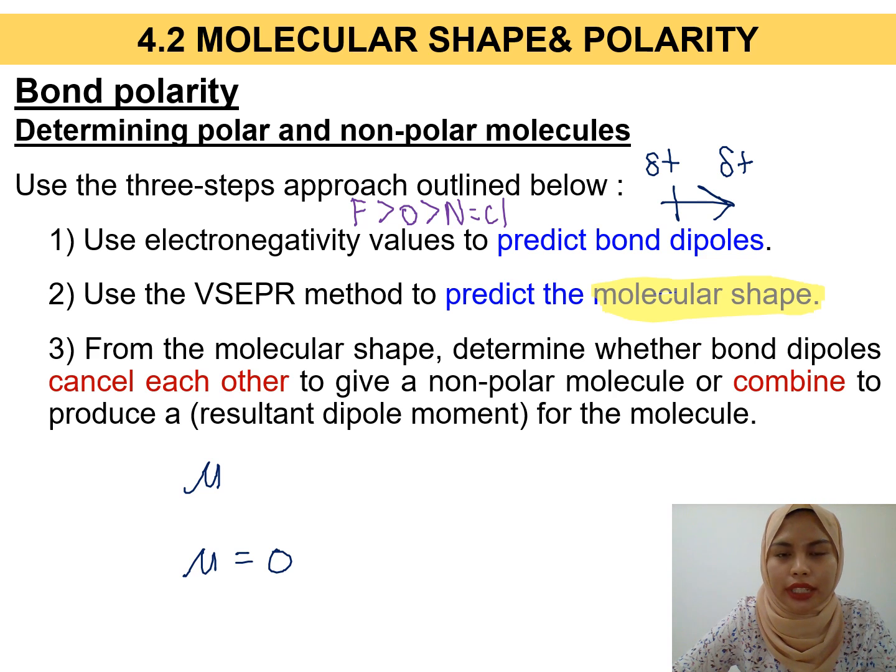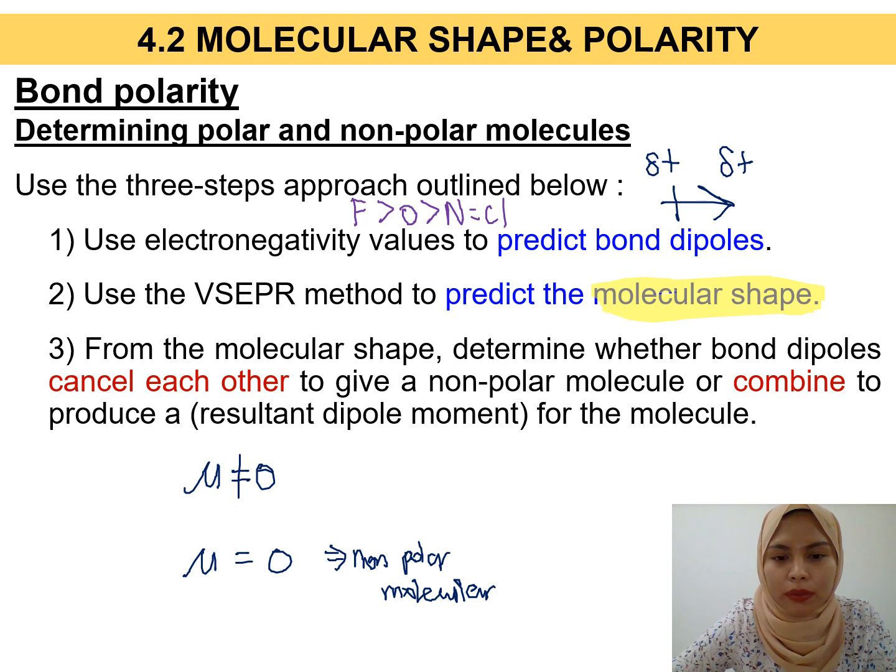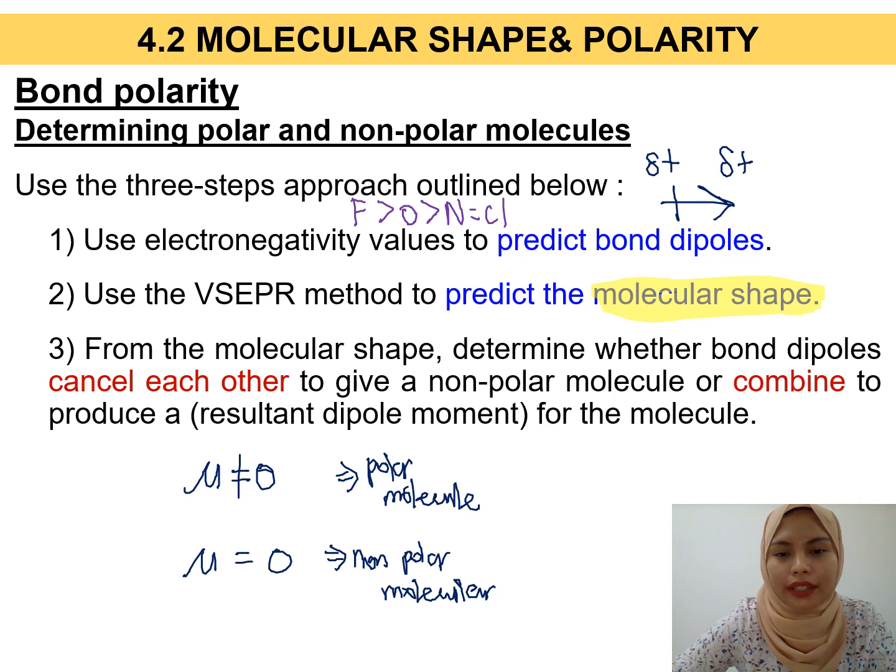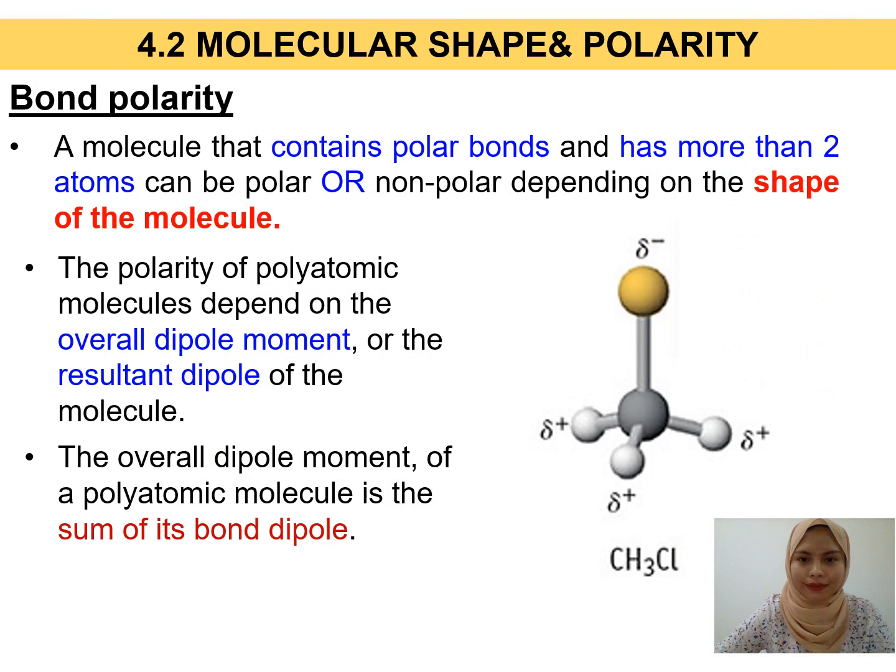Okay, kalau bond dipole cancel each other, dipole moment equals to 0, that means it will be a non-polar molecule. Okay, tetapi kalau dia punya bond dipole takkan cancel each other, that means molecule tu akan ada dipole moment. Kalau molecule tu ada dipole moment, bermaksud it's gonna be a polar molecule. Okay.